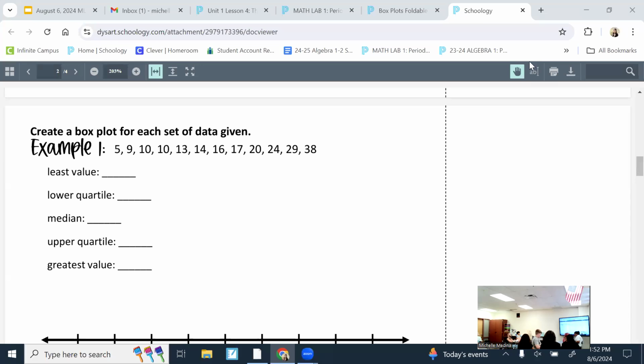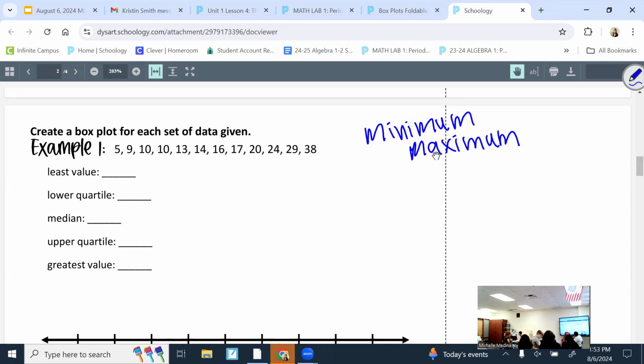You need your 5-number summary. The 5-number summary includes a minimum, a maximum, a median, and then your lower quartile and your upper quartile.